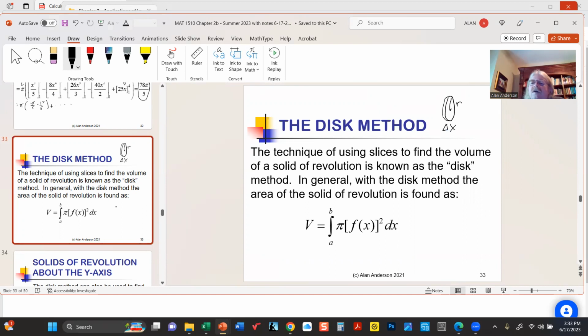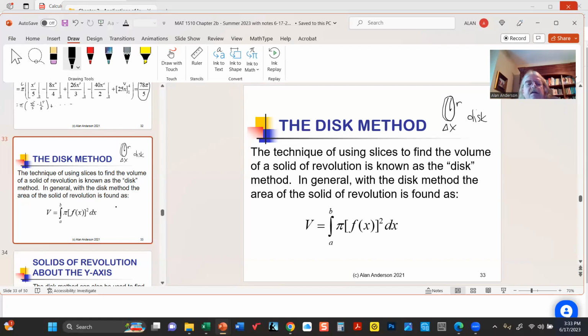Instead of a circle, what you have is a disk. So all it is is the integral over the interval of interest of pi f of x squared dx.